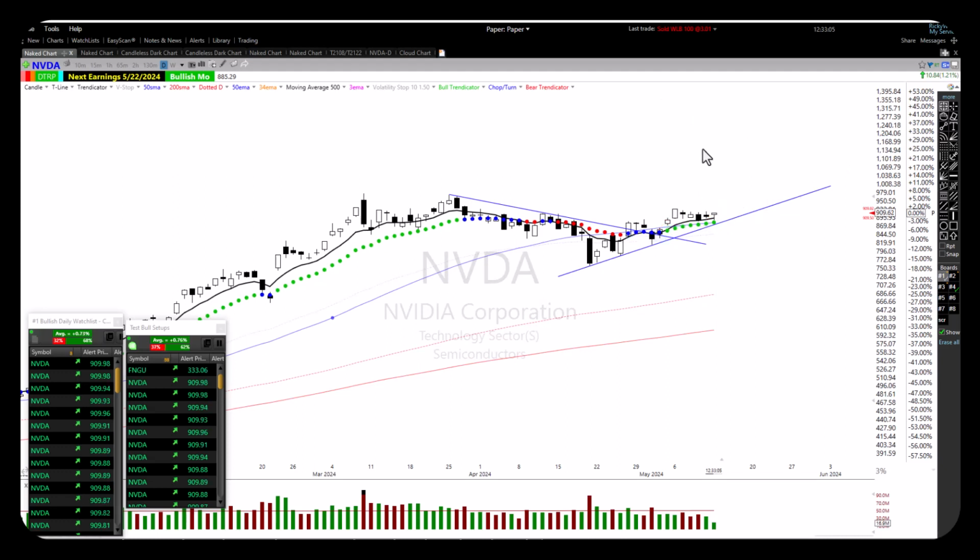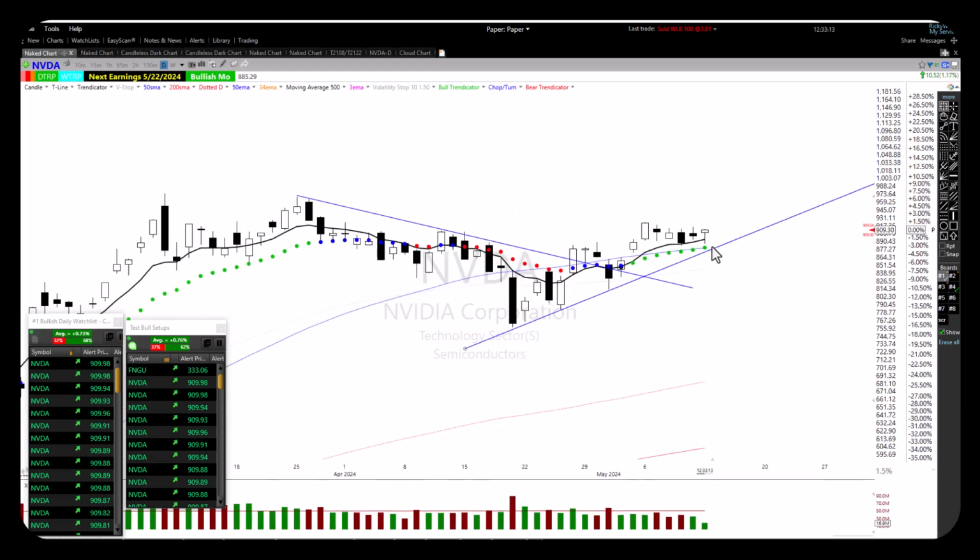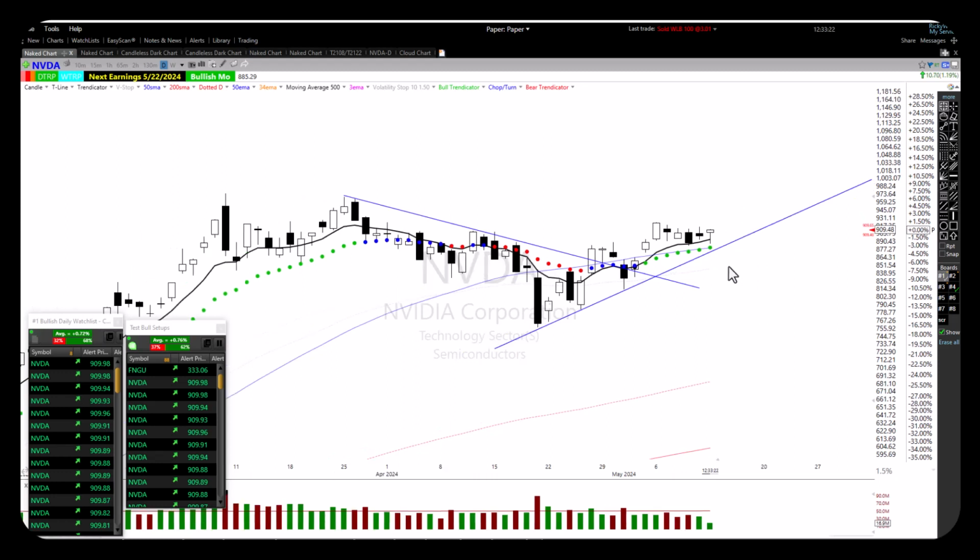Hope that made some sense. So see how we've turned red, green, basically up, pull back, hold. If it wanted to turn blue, 1 dot, 2 dots, I'm okay with that. But then we have to turn green again, and that would be the signal to start buying on this particular chart. And it's looking pretty good today.